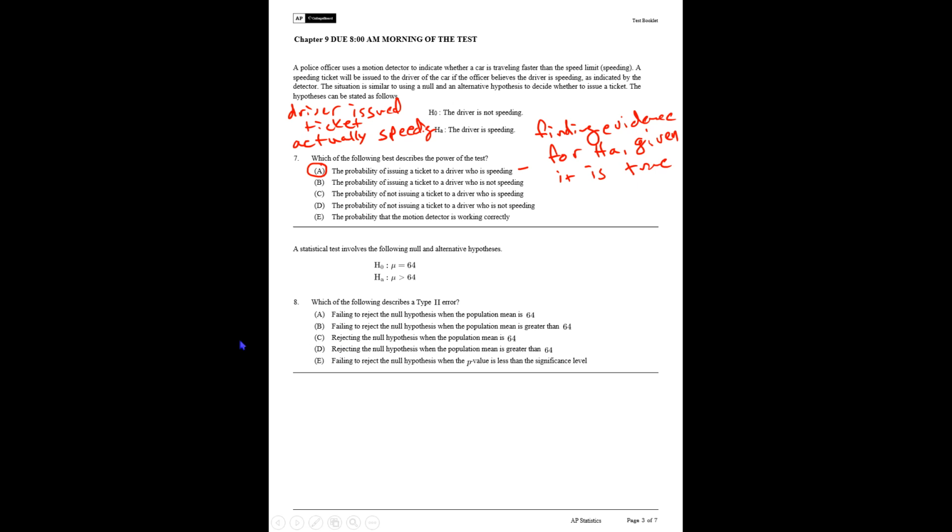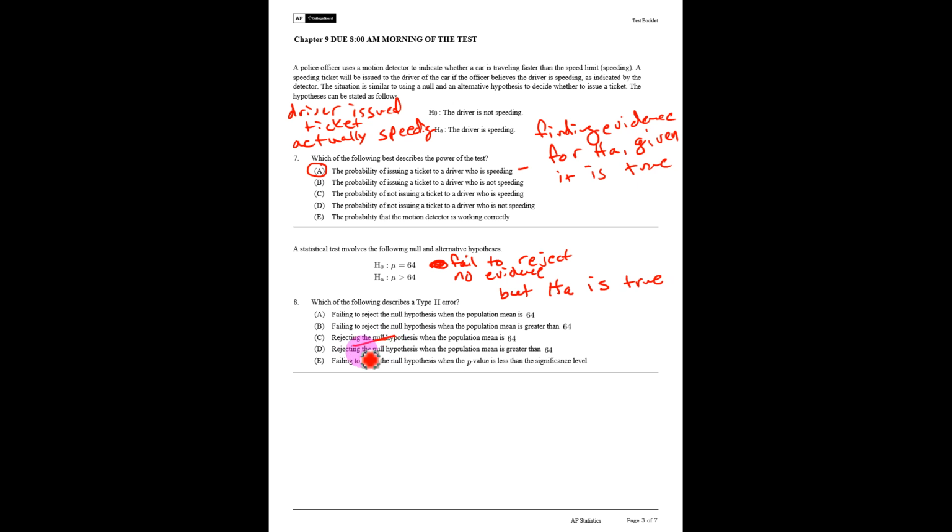Okay, a statistical test involves the following null and alternative hypothesis. Type 2 error. So a type 2 error is failing to reject and no evidence, but the Ha is true. So we failed to reject, so that means these can go.